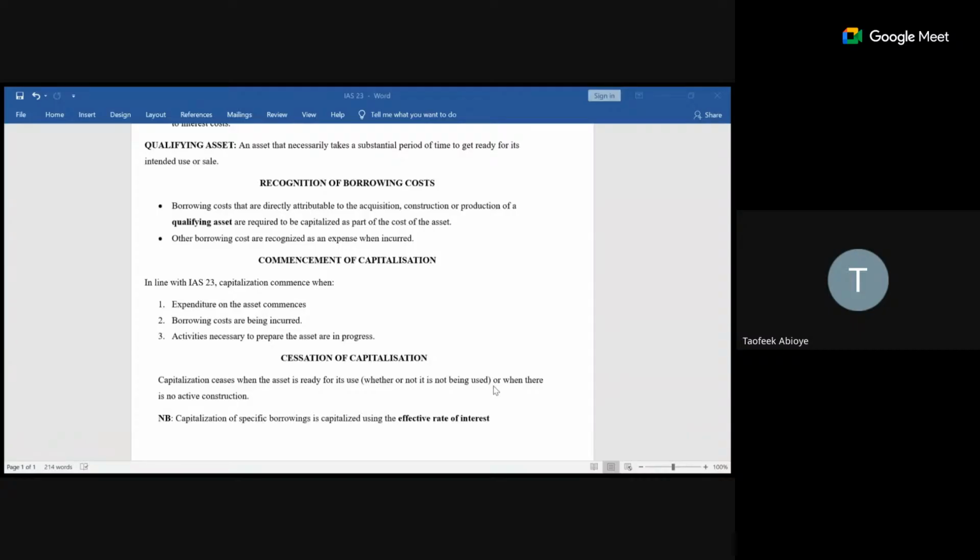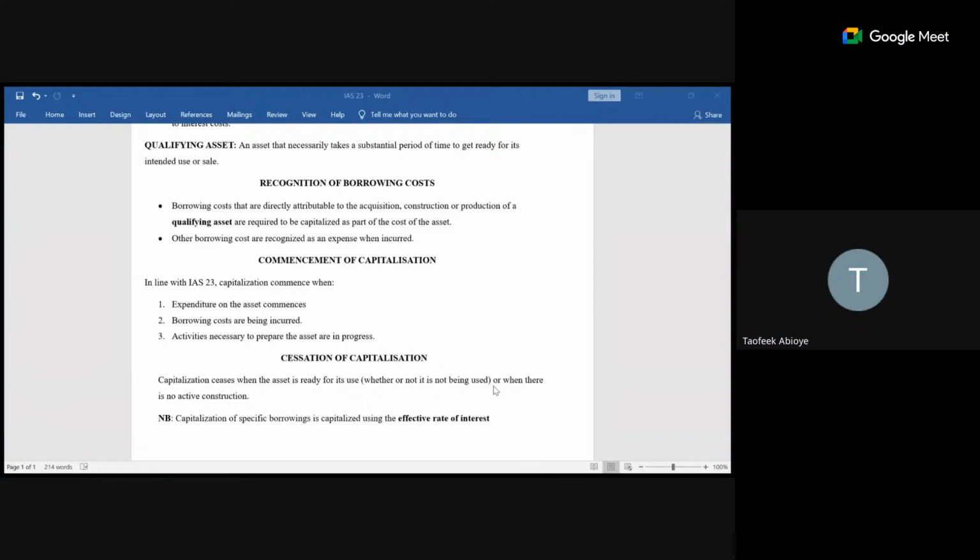So IAS 23 now says, as a result of this borrowing cost you incur, it is as a result of this machine, and this machine is going to produce economic benefit for you. So please capitalize it. It's like a relief for you. However, there is a restriction on the capitalization, and that is why they gave us cessation of capitalization.